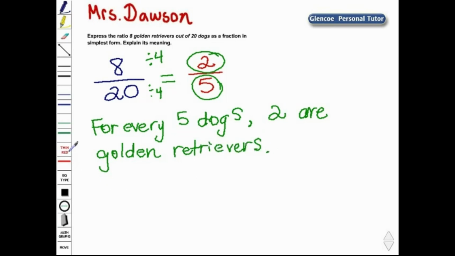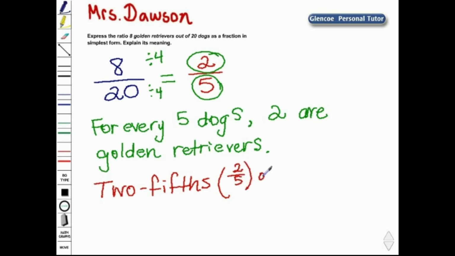Another way we could say that is 2/5, that was the fraction, 2/5 of the 20 dogs are golden retrievers.